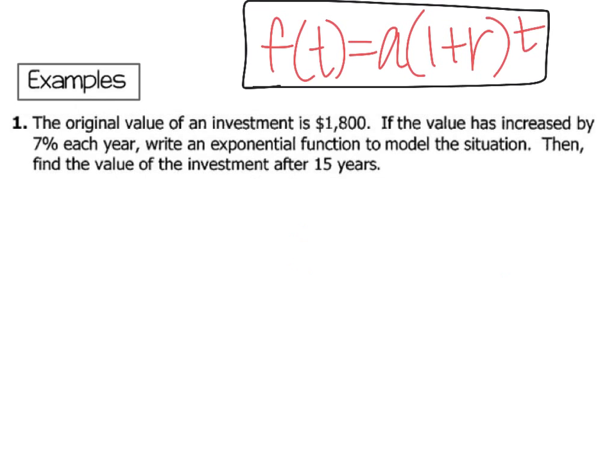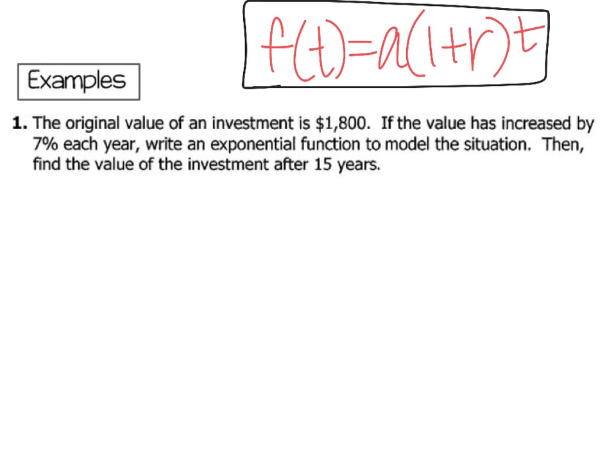All right, so here's an example of a real-world situation that involves exponential growth. So number one, we have the original value of an investment is $1,800. If the value has increased by 7% every year, write an exponential function to model the situation. Then we want to find the value of the investment after 15 years.